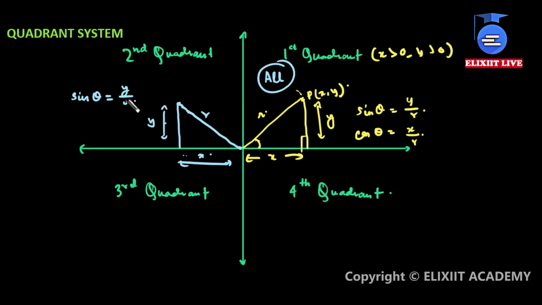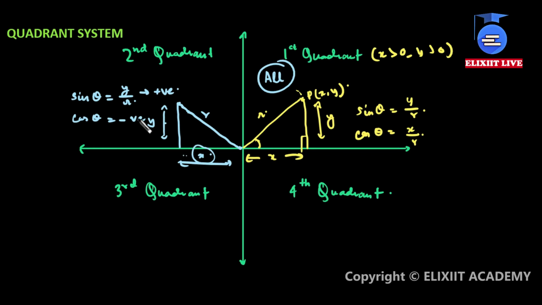But in this case, cos theta will be negative, because x is negative in the second quadrant. Sine theta is positive, but cos theta will become negative. Basically cos theta is x by r, so obviously this will become negative, minus x by r.